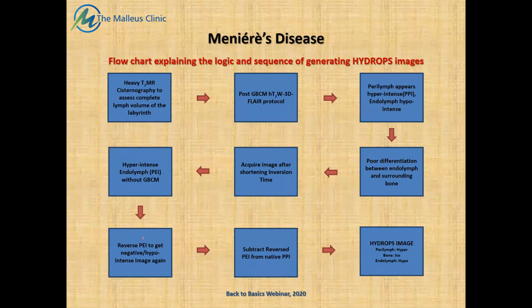Finally, all these images are assimilated and reformatted so that the endolymphatic cavity, though hypointense, is better delineated and the perilymphatic cavity is hyperintense. Therefore you are able to calculate the percentage of dilatation of the endolymph containing cavity better, and that is finally called a hydrops image.